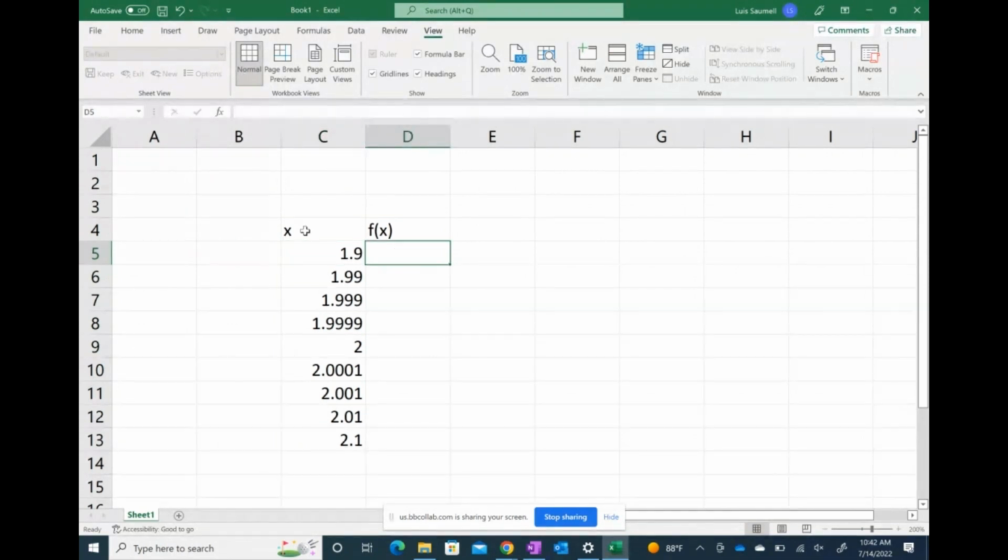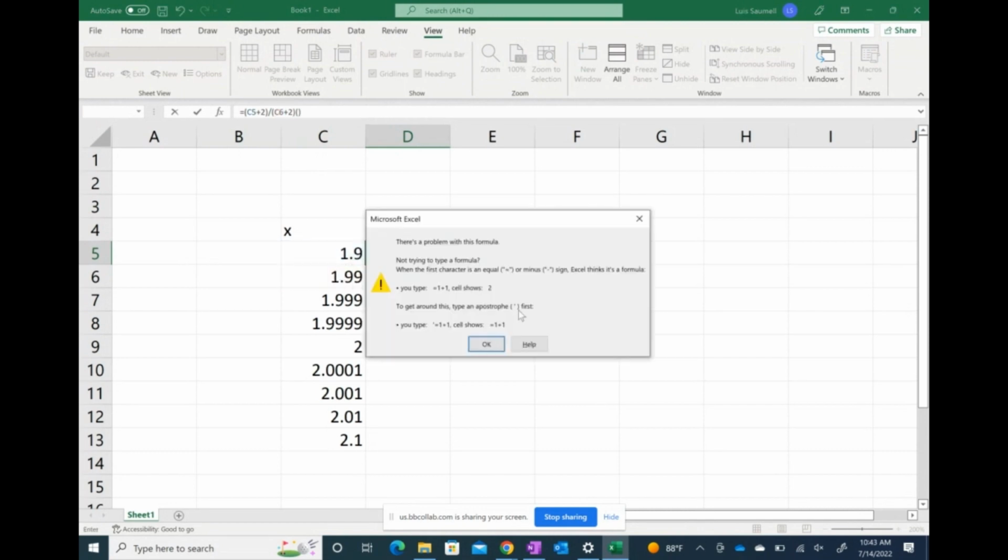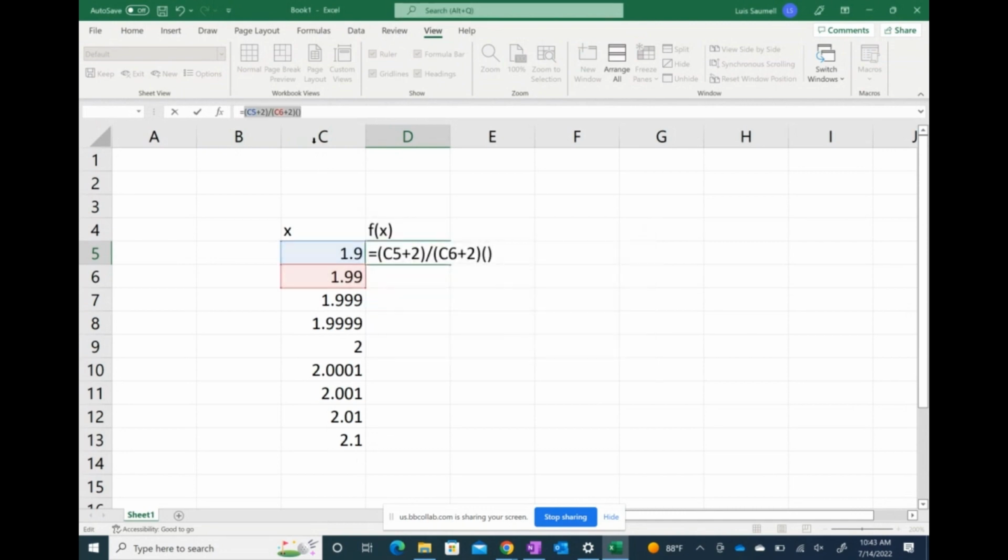Let's go ahead and calculate the function. The function was x plus 2 divided by, and I'm going to use the factored version, x plus 2 times x minus 2.